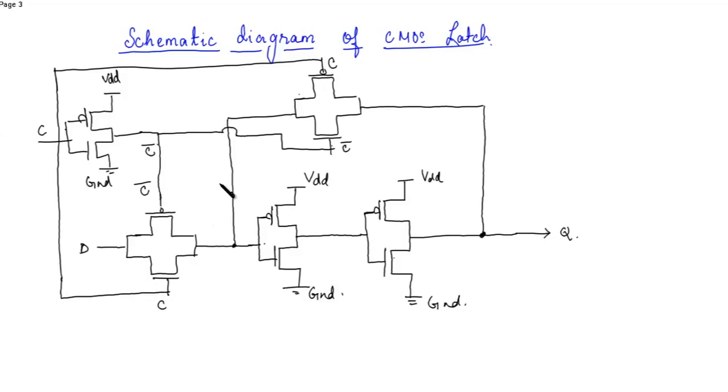Now, if you see the operation of this schematic diagram, let's first discuss what is the function of a standard D latch. A standard D latch, which is a level control flip flop, can be built from 4 2-input NAND gates.